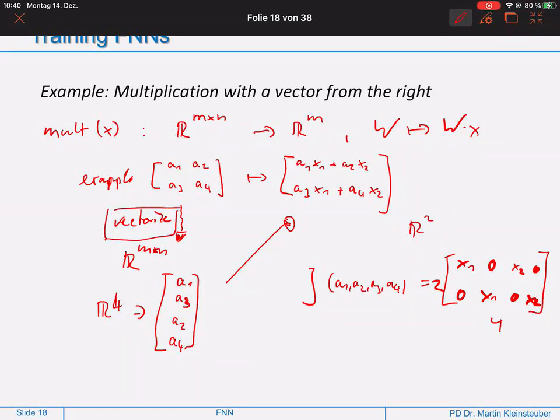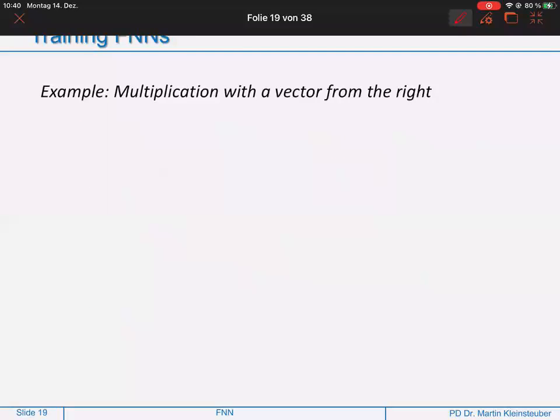But this somehow destroys the nice structure of the Jacobi matrix. So what we do is we choose a different way of restructuring these matrices for our purposes, and it's just a permutation of that. Let's do that again.